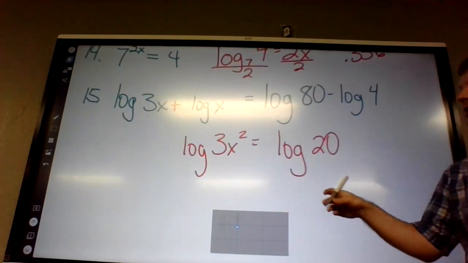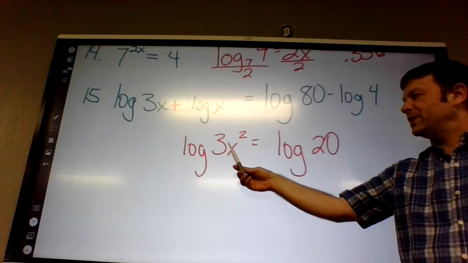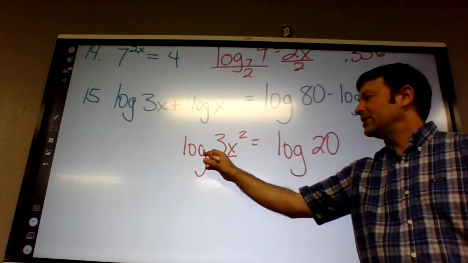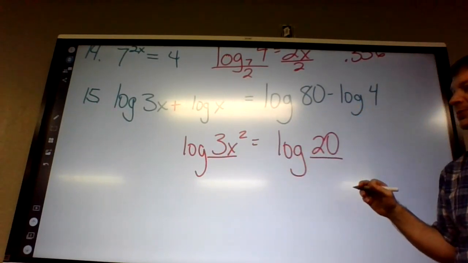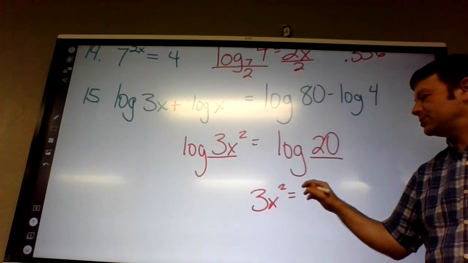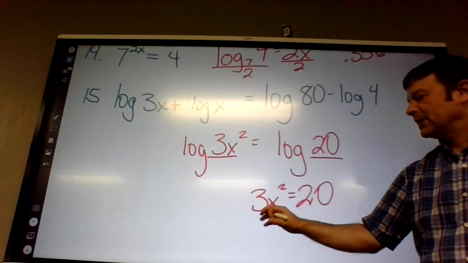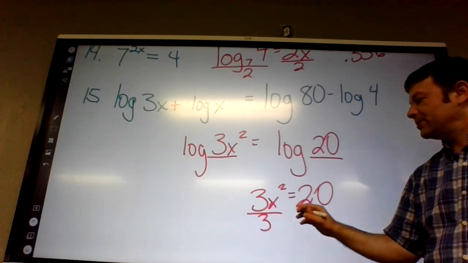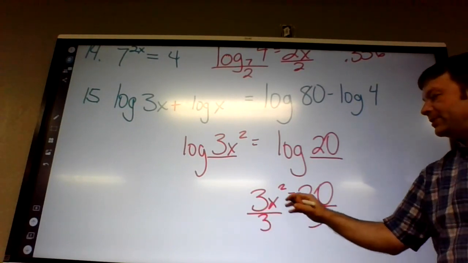Okay, once you get both sides say log of this equals log of that, this and that have to be equal to make these equal. So it's 3x squared equals 20. It's going to be kind of a mess. So to solve for x, I'm going to divide by 3.